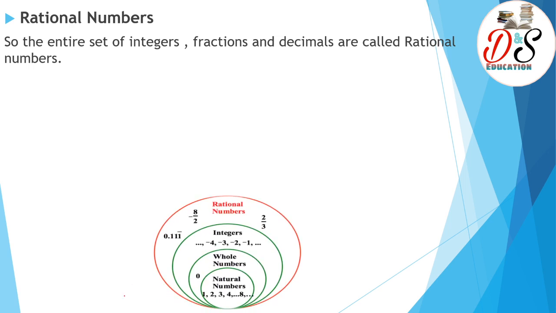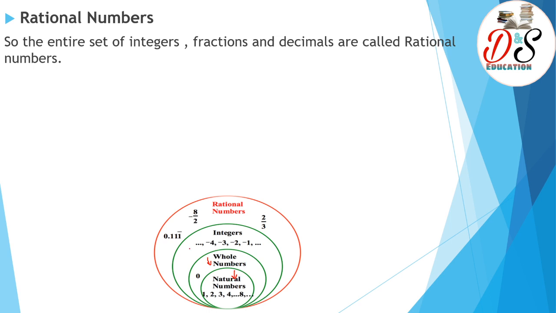Here first we have a circle that represents natural numbers, and natural numbers start from 1, 2, 3 and so on. Now when we add 0 to the natural numbers, we get our whole numbers. So from this we can say all natural numbers are whole numbers.